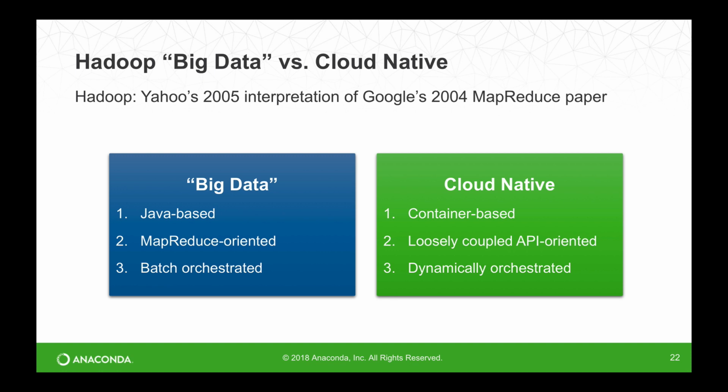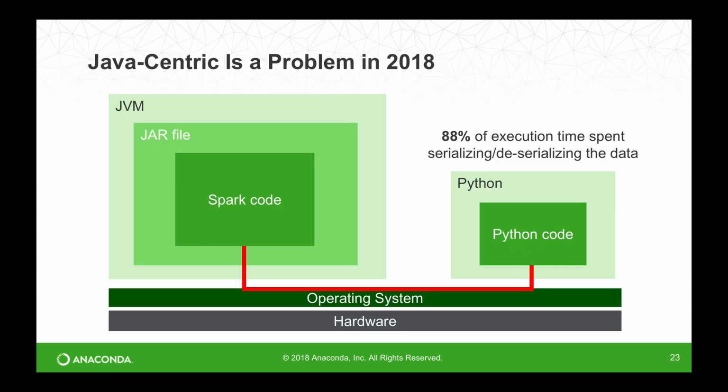So this 2005 work that Yahoo did, they built this Java implementation of MapReduce, and that's the core of Hadoop and became what we know today. So very different in terms of its emphasis and approach, and it sort of reflects the technology and the challenges of that time back in 2005.